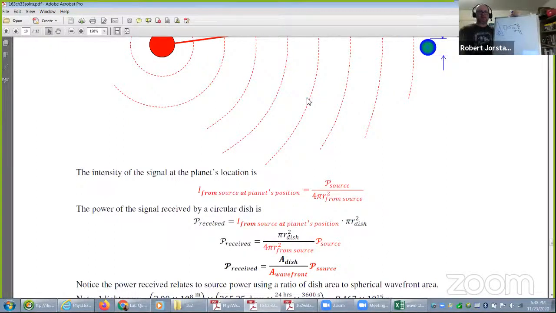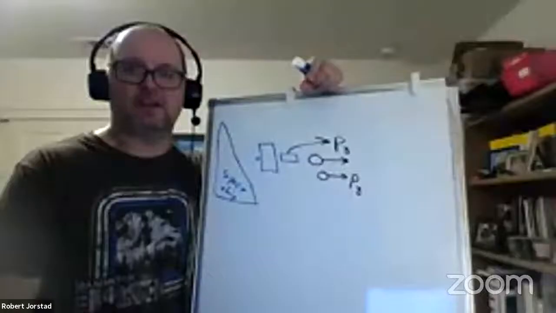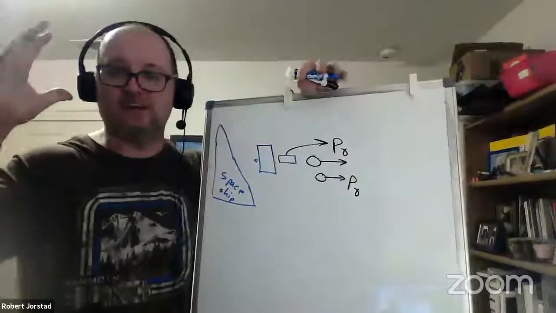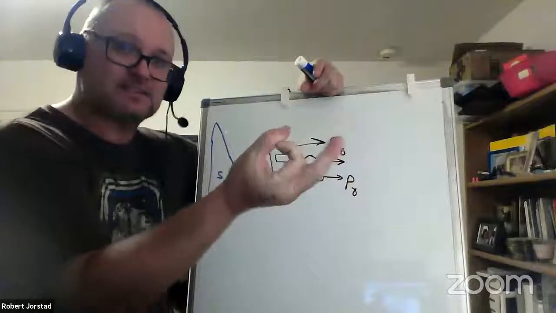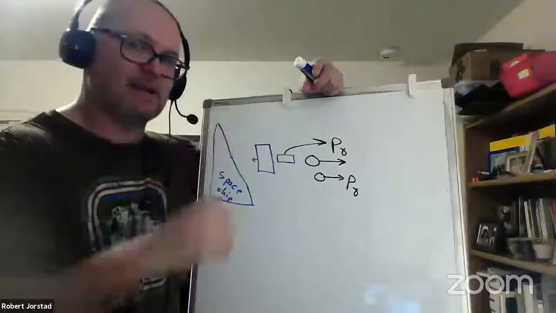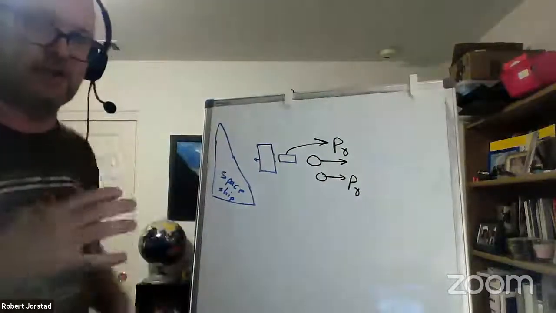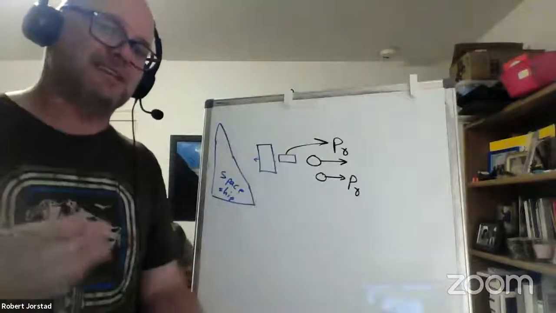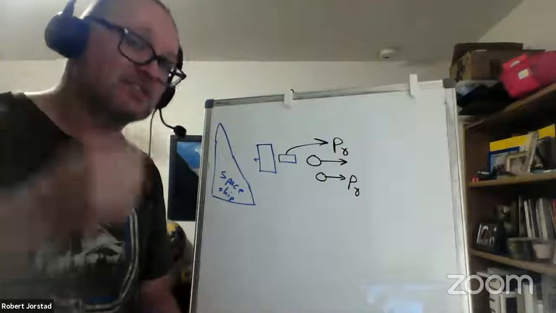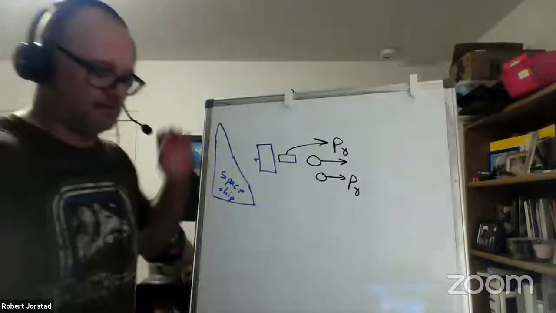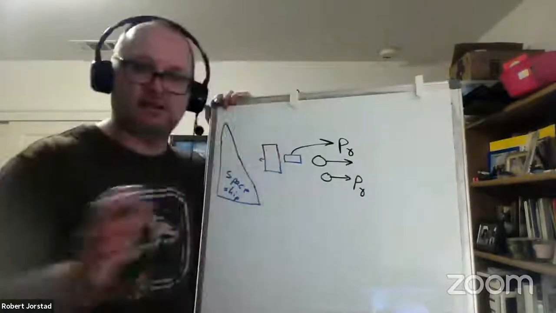Okay. Same thing is true if you think about sound waves. Sound waves travel out in spheres, but what hits your eardrum is a tiny little plane, so it's going to hit a circular area. So the intensity of a sound wave spreads out spherically, but the power received by your eardrum relates to a circular area. So I'm going to leave it at that.